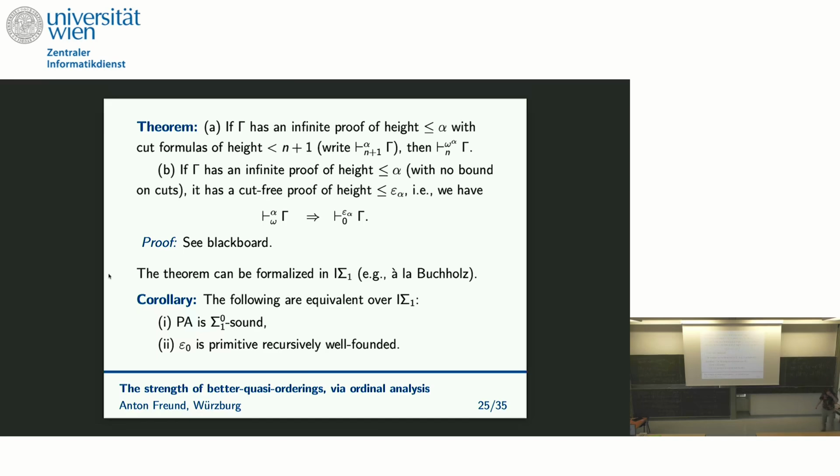So what can I do now? Well, the only thing that really comes to mind is I have to cut away phi if I want to reach gamma. So by cut, what I now get is, by a proof tree of height 1 more, I reach gamma. And what's the bound on the cuts? Well, the only cut is the one over phi. So I can do that if I assign cut rank of phi plus 1.